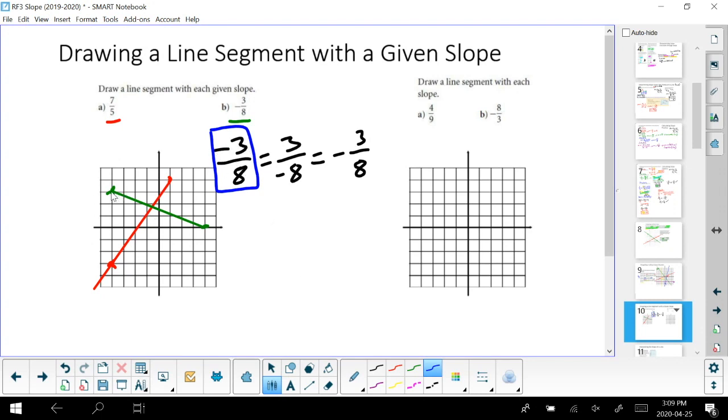If we're starting here, and let's call that point A, and then we're going to call this point B. To go from A to B, we'd have to move 3 units down and 8 to the right, because that's what our slope is telling us. If we looked at this as 3 over -8, we'd actually be going from point B to point A. So if we're going left to right, we definitely want to be looking at this.